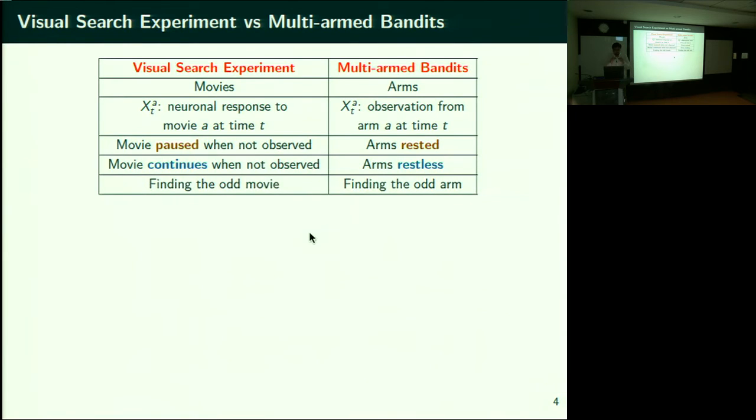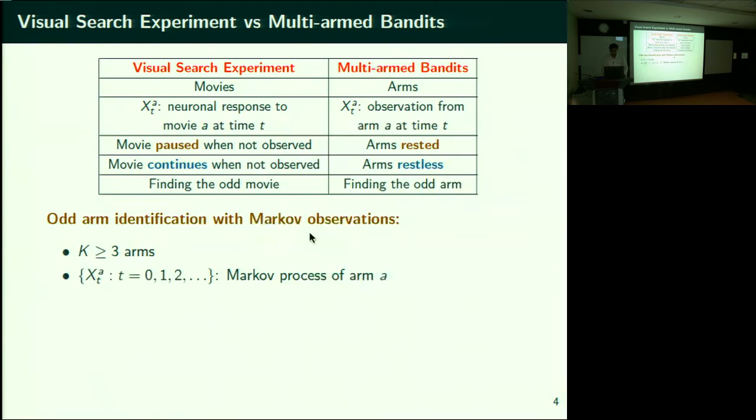I'll walk you through the steps we take in modeling this problem, which is very nice. We'll do it step by step. First is to capture the dependence between the frames in the form of a Markov process. So we are in the setting of odd arm identification with Markov observations. You have at least 3 arms, only then does the notion of odd arm make sense. If there are only 2 arms, either they are the same or they are different. There is no notion of odd man out there. So you should have at least 3 of them.